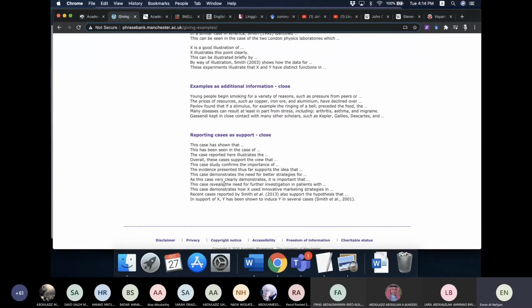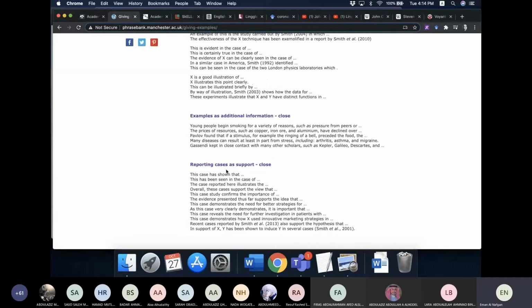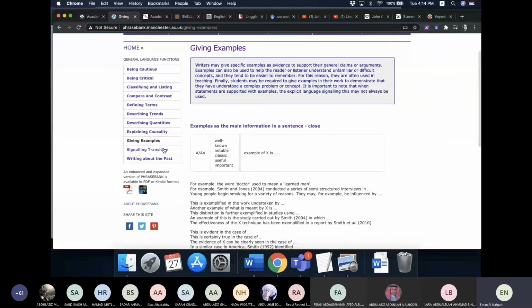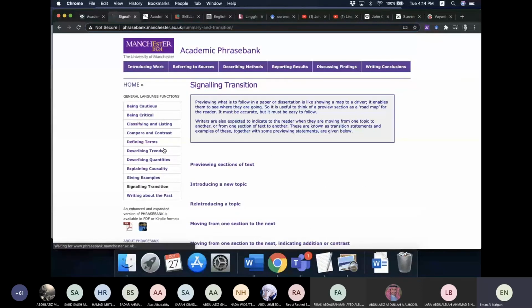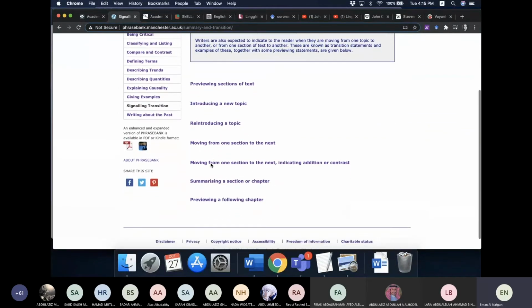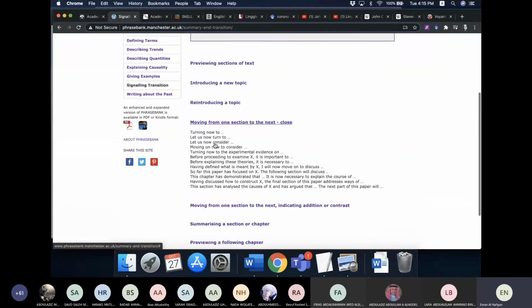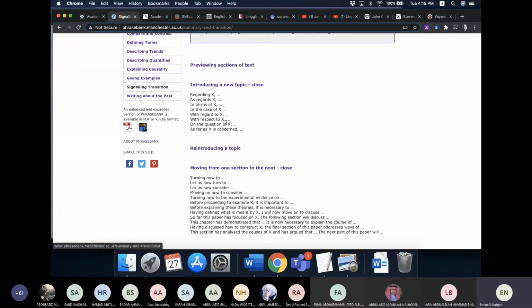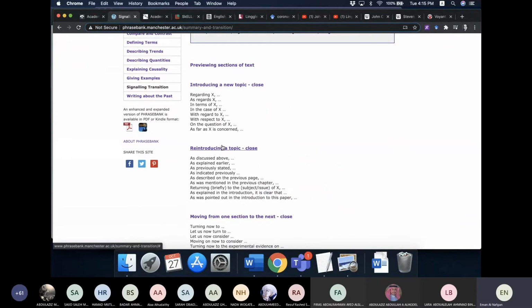And then you have these to report cases as support. So as a supporting idea within your paragraph. You also have signaling transitions instead of "moreover," "in addition," you have all of these. So if you want to move from one section to another, you want to introduce a topic, you want to reintroduce a topic.